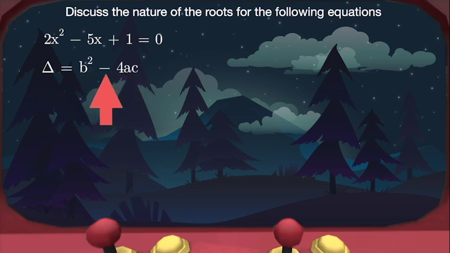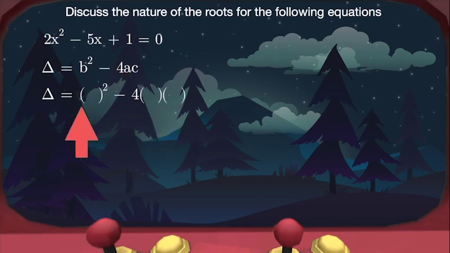Then we are just going to do substitution of the b and the a and the c, and then we write this again, but can you see I leave these brackets there instead of the b and the a and the c? So in the place of the b, we are going to put the minus 5 because the coefficient of the x variable is b. So minus 5 goes in there.